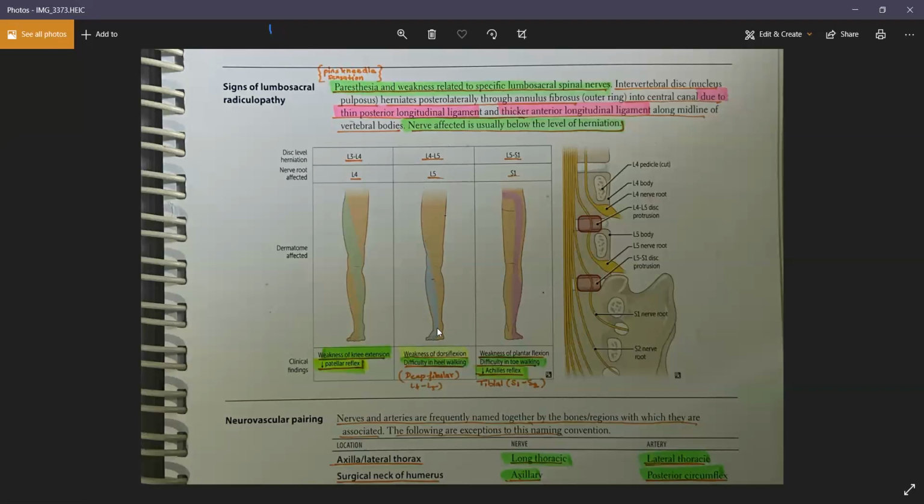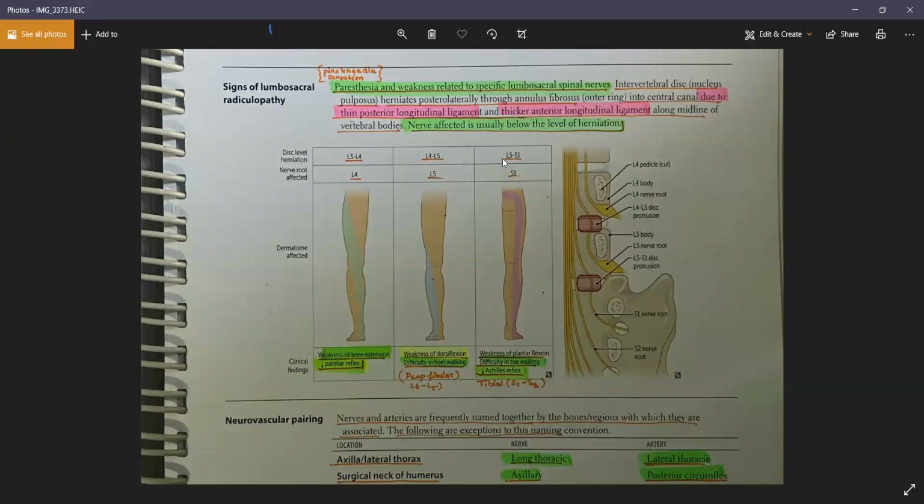Below the L4, it will be the leg part, which the L5 supplies. Above the L4, it will be the L2 and L3 supplying the hip part, right? So whenever I say the L4 is damaged, the major effects will be on the knee. When the L5 is damaged, the major effects will be on the foot part. So it will be a difficulty in dorsiflexion, and heel walking will be affected.